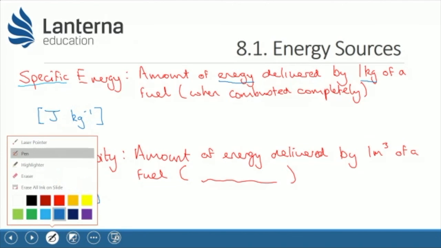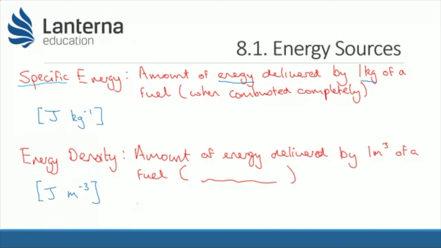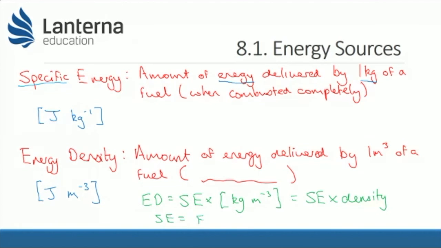So we can say that the energy density, which I'll abbreviate as ED, is equal to the specific energy times something with the units kilograms per meter cubed, which, if we look at our definition of energy density, is just the mass density, because it's the mass per meter cubed. So it's equal to the specific energy times the density. Okay. And similarly, we can find the specific energy by doing the energy density divided by the density.